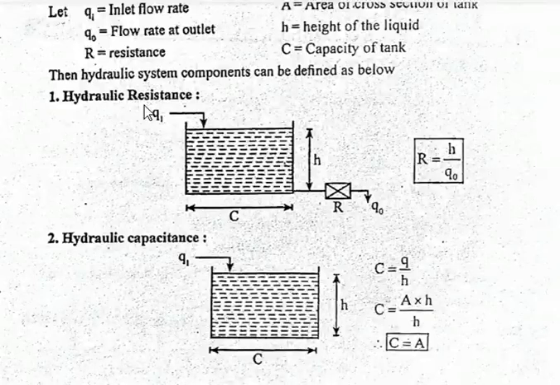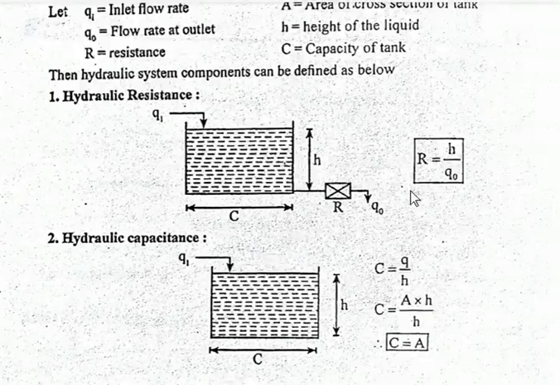The inlet flow rate is represented by Qi. Here the hydraulic resistance R is given by h by q naught. So h divided by q naught is nothing but R.